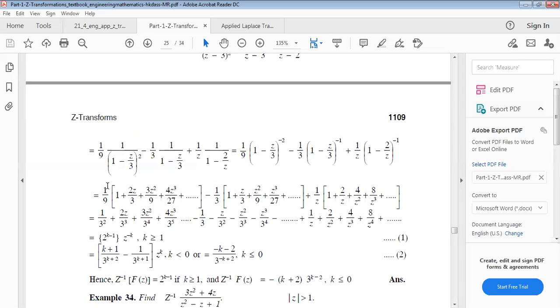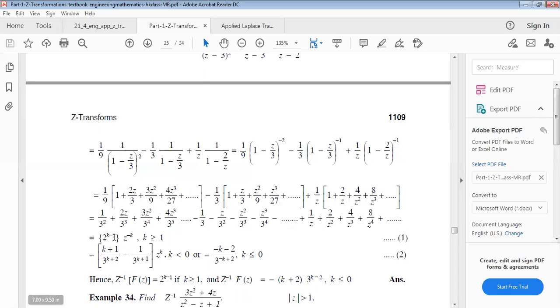Now just multiplying 1 by 9 with this series, every term, we get this, and minus 1 by 3 will be multiplied with the whole second series. Now 1 by z will multiply with the third series, then we get this one. So now we have to make a sequence of the series.